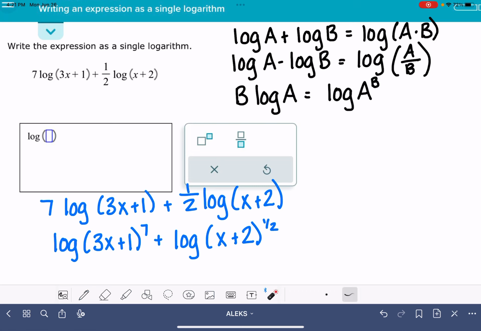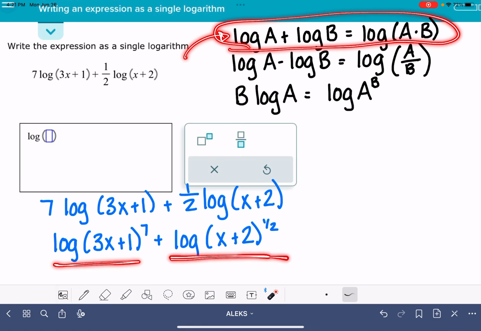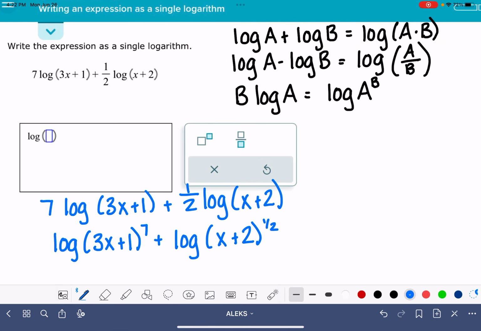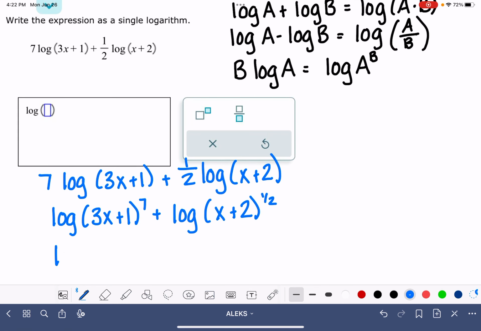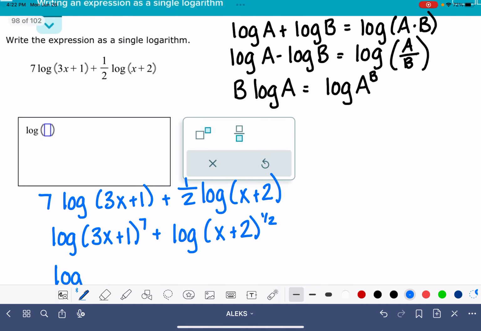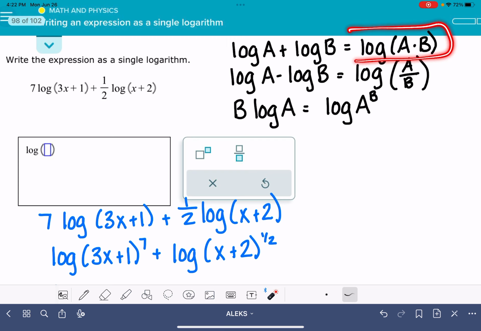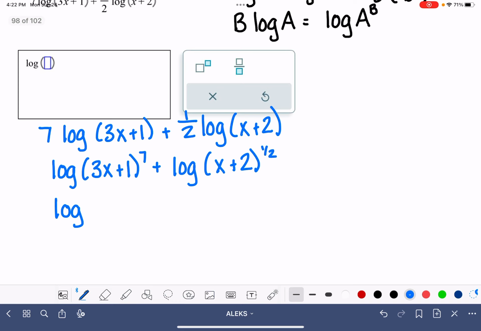And the next thing that I'm going to do is use this rule right here to combine these two terms. I have the log of something plus the log of something else. So I can rewrite that as the log of these numbers multiplied by each other, the log of A times B. So I can rewrite this as the log of (3x plus 1) to the 7 times (x plus 2) to the 1/2.